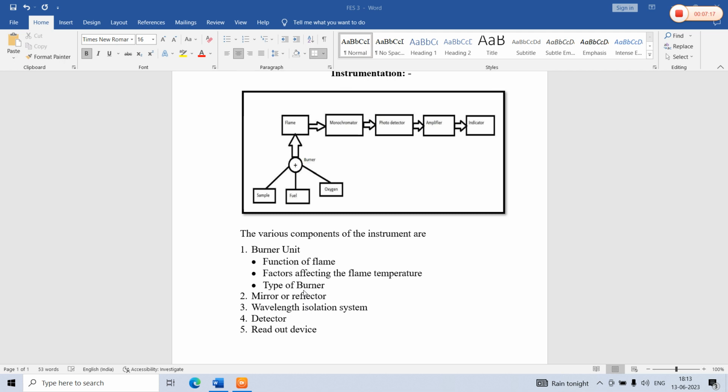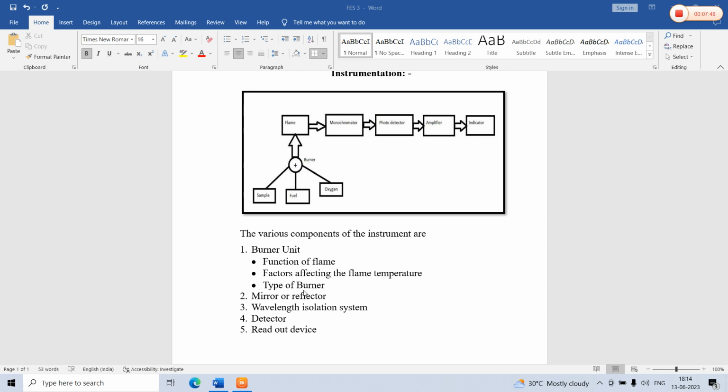The first is the total consumption burner. The total consumption burner is very important because it gives 100% atomization efficiency. The second is the premixed burner or laminar flow burner. In the laminar or premixed burner, there is a muffle furnace. So the sample, fuel and oxidant species do not directly reach the flame at the tip of the burner.